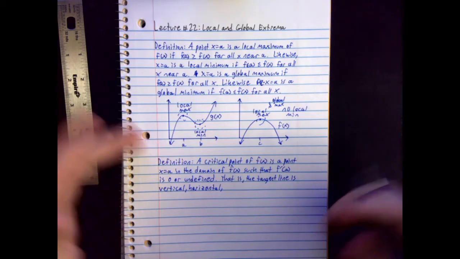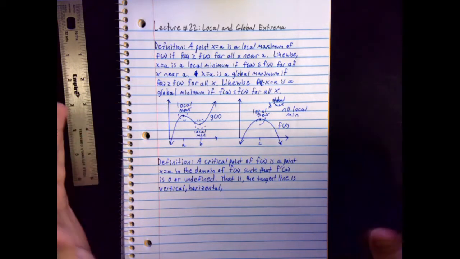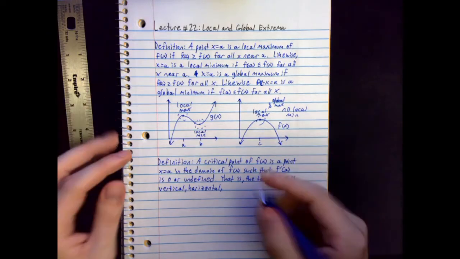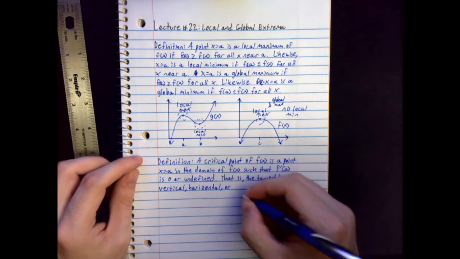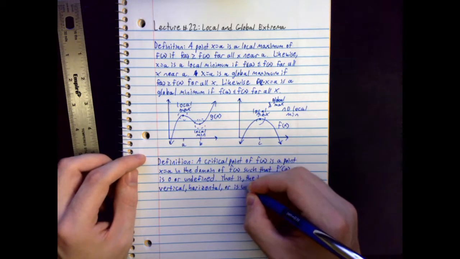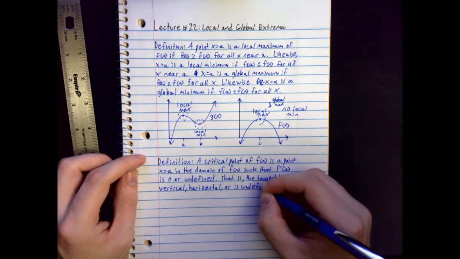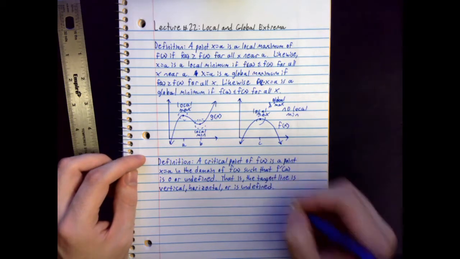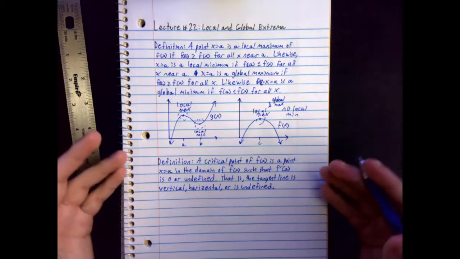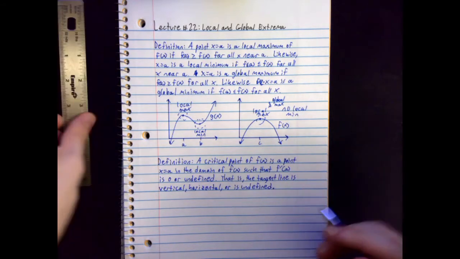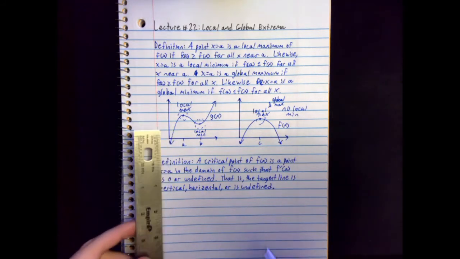These are very strange examples, and we won't encounter any of them in this course, but we should say that as well, or is undefined. Actually, that's not even true. So maybe let's look at a couple of examples here.